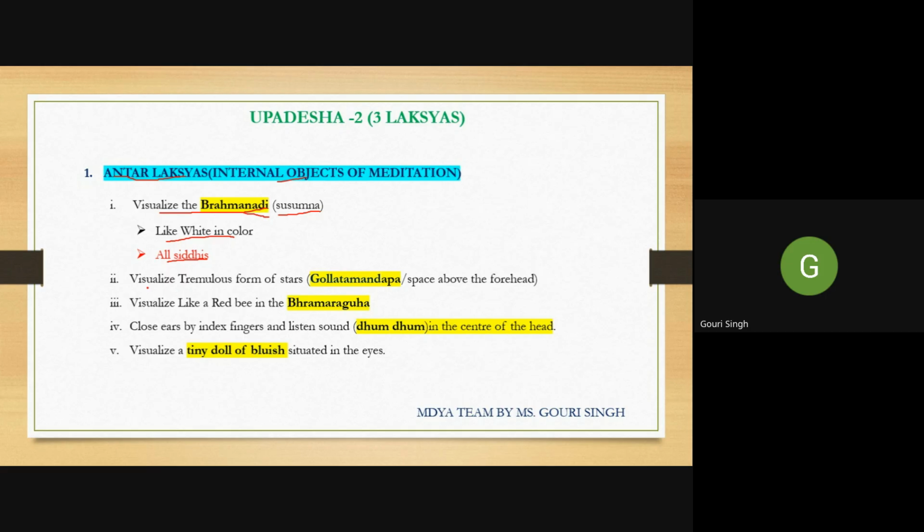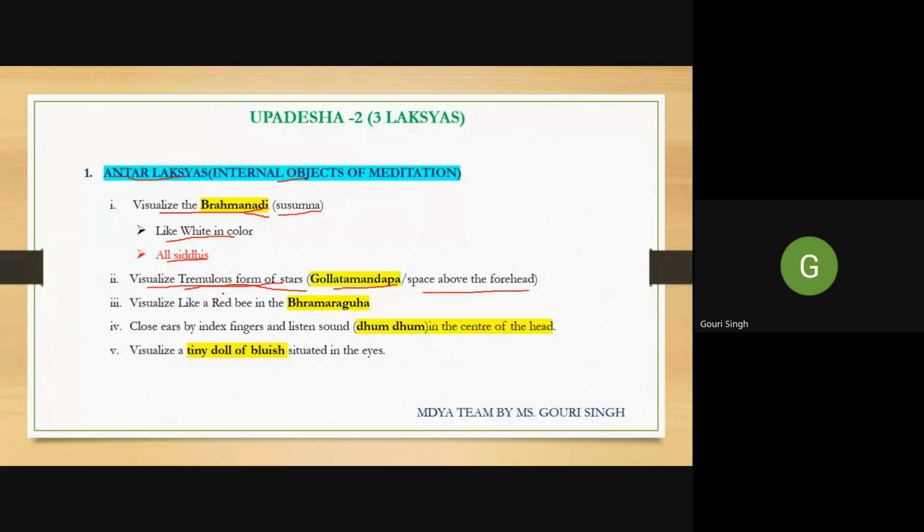The second one is that it is said to visualize tremulous forms of stars. Just as the tremulous forms of the stars are visualized in the sky, in the same way you have to visualize them in the space above the forehead, which is named here Golata Mandapa. Here he said to visualize the form of tremulous stars, meaning how stars look in the sky: twinkling lights are visible.